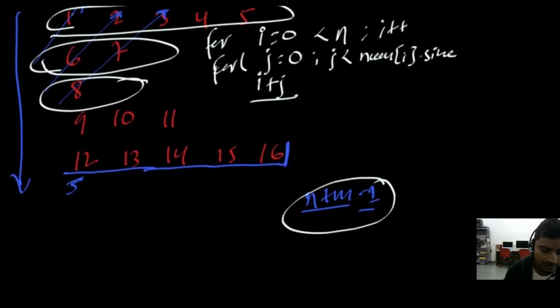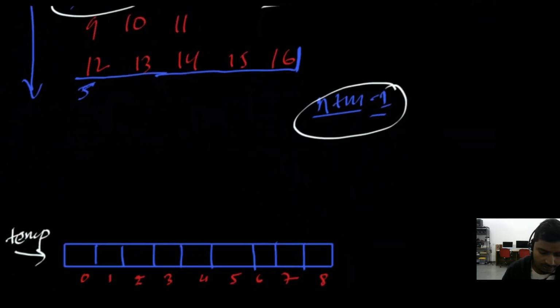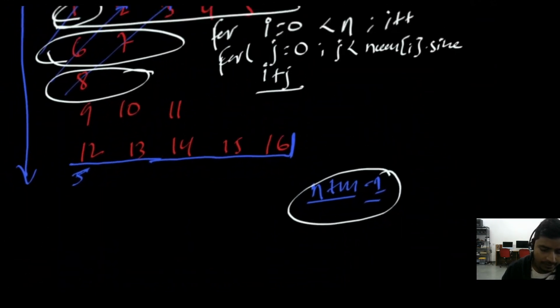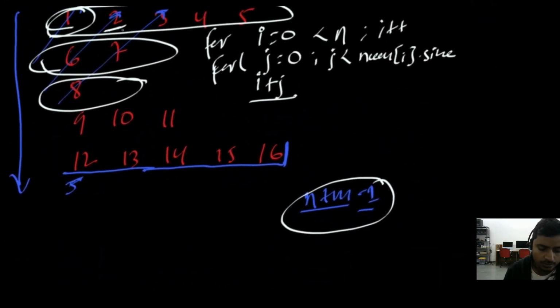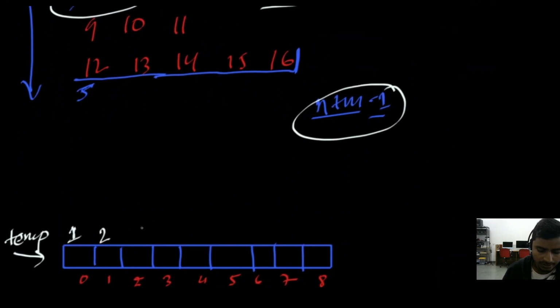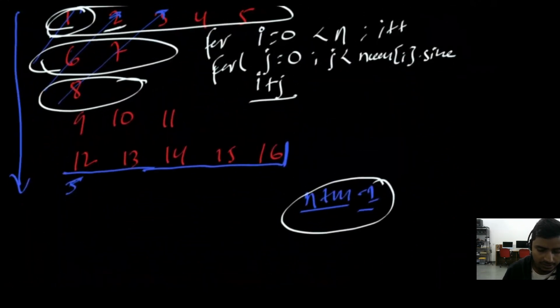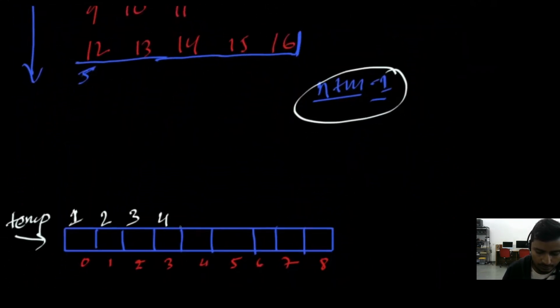For example, this 1 is at 0 comma 0, the sum is 0, so at the 0th position we'll insert this 1. Again we'll see for this 2. This 2 is at position 0 plus 1, 0th row, first column, so 1. So we'll insert 2 over here. Similarly we'll insert 3, 4, 5.